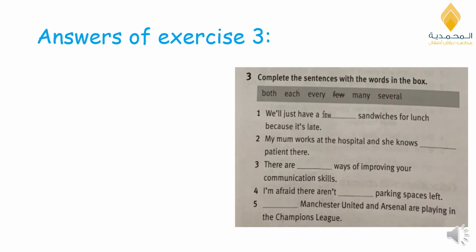If I want to talk about a group of people that she knows individually, I have to use each. But in this sentence, no, I have to use every because for sure she doesn't know them individually, she just knows them as a group, okay?